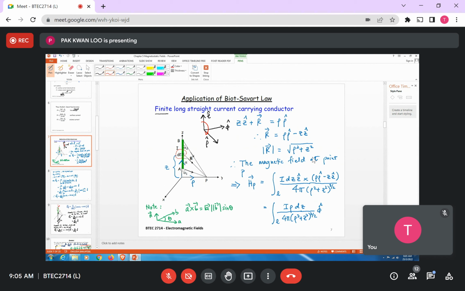Again, I always say this is an arbitrary point, which means it can be anywhere. It is assumed a variable point along the current line, along this wire. As long as we manage to establish the position vector pointing towards the point of interest, the rest is similar to what we have done in Coulomb's law.